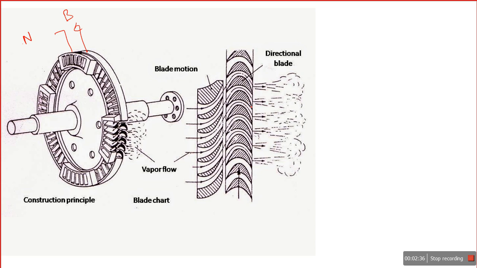When I cut this section, this is the front view, and from this side view, this is the blade, this is a set of nozzle. Actually this is a set of nozzle which is followed by a set of blade.